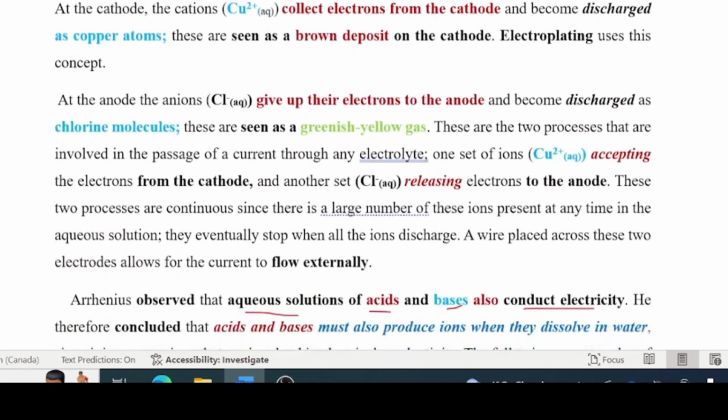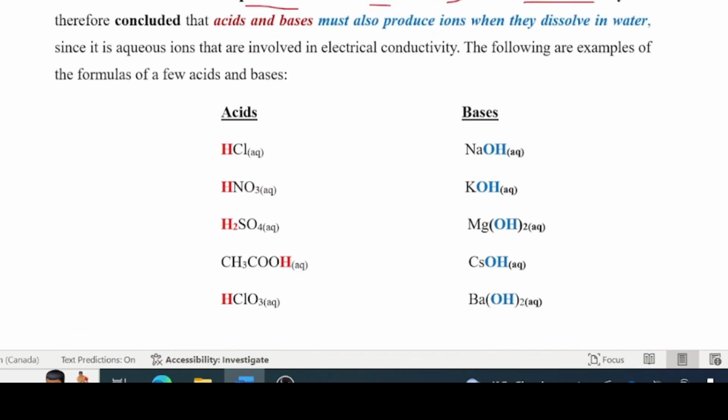So when you look at the formulas of acids and bases, every acid is having a hydrogen there. His theory is that when an acid is dissolved in water, it is going to ionize to produce hydrogen. Same thing here. So you have sodium and OH ions, and this conducts electricity.